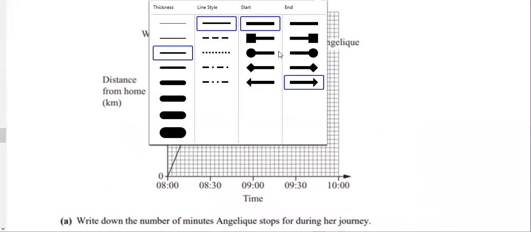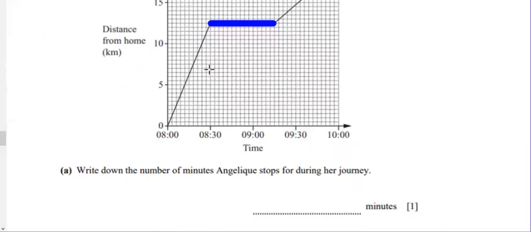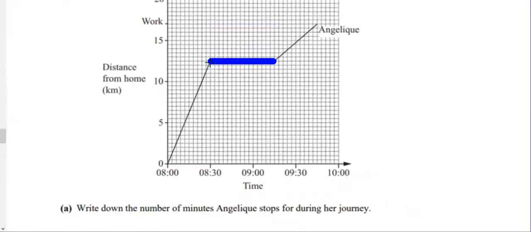So how do we do that? We have to read the time at which the break started. So the break started at 8:30 and ended somewhere here. So we need to calculate the time when the rest started and when it ended.